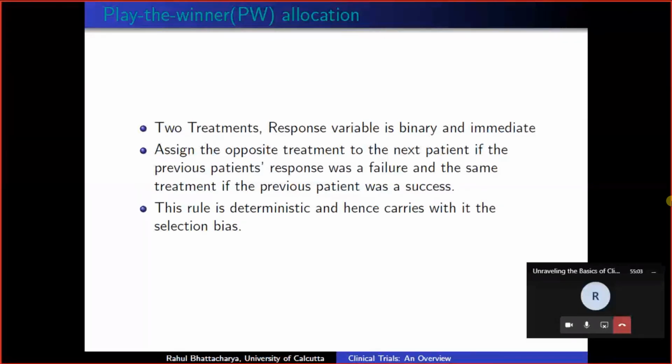Here, suppose we have 2 treatments. The response variable is binary and immediate. Assign the opposite treatment to the next patient if the previous patient's response was a failure, and the same treatment if the previous patient was a success. So the idea is that if the current patient's response is a success, you assign the next patient to the same treatment.